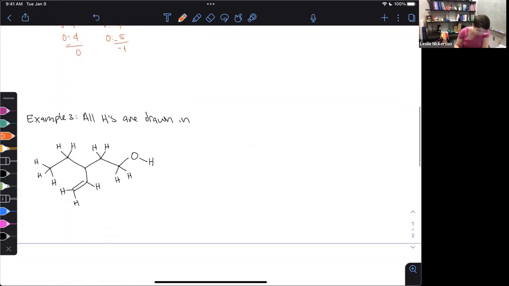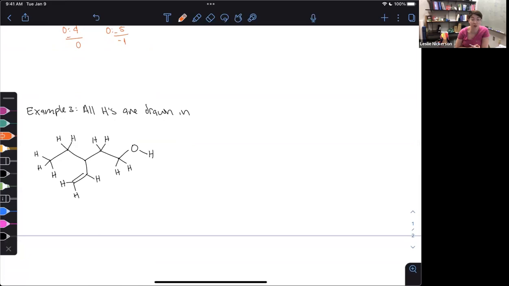All right, so then let's look at this example. Again, we have a situation where all of the hydrogens are drawn in. So if we're looking, this one has 4 bonds, this one has 4 bonds, 4, 4, 3, that's something suspicious, 4, 4, okay?